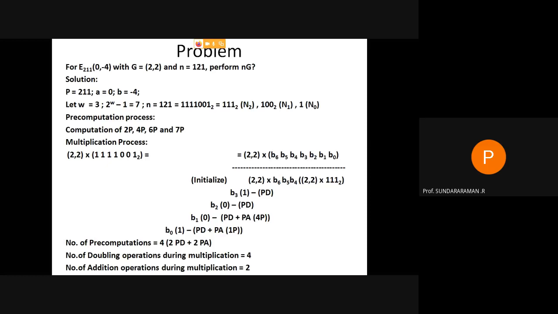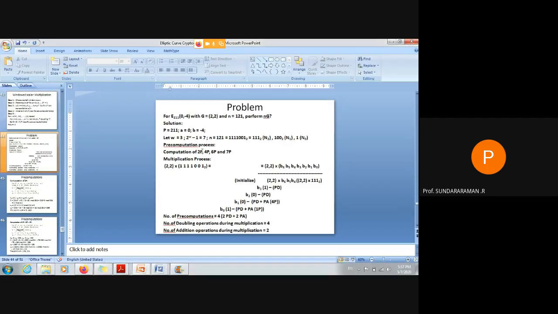Instead of p, you can assume it as g. In this example we have chosen it as g. I just change it to g here, because p may confuse you with the mod value.